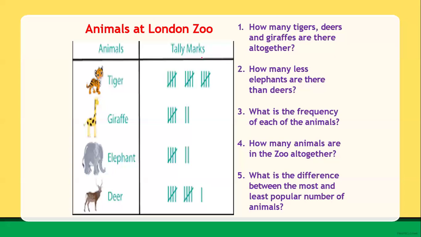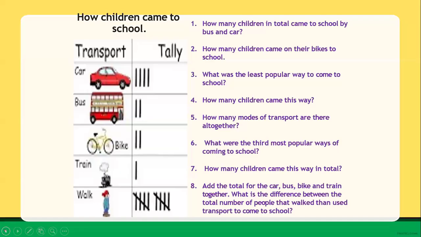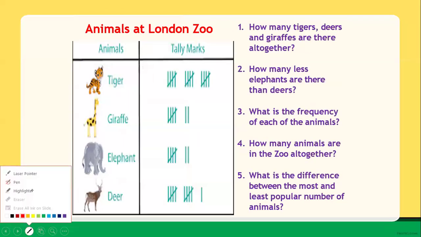Yes, Taus. There are 15 tigers, 7 giraffes, 11 Okay. According to Taus, the tigers are 15.